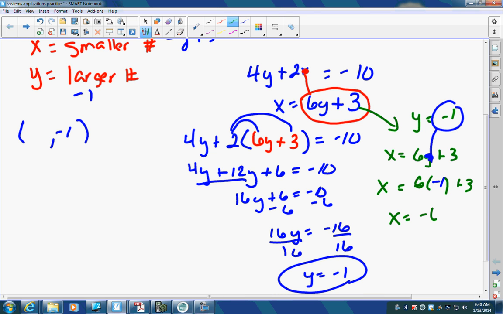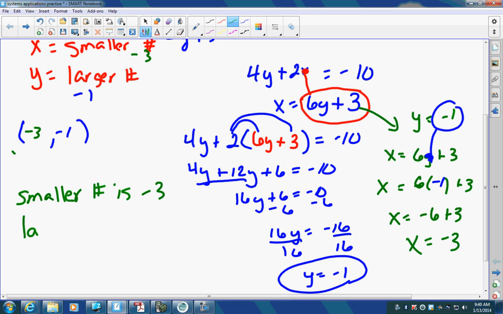X equals negative 6 plus 3. X equals negative 3. So to answer the question, the smaller number is negative 3. The larger number is negative 1. That's what you should have down.